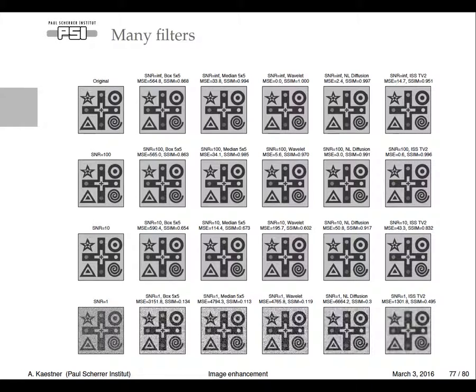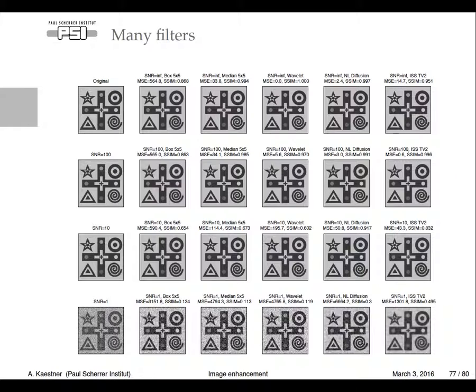That brings me to the end. I have shown you a very large amount of different filters to produce different filtering effects. Here I give you a little bit of an overview of all these filters and how they perform at different signal to noise ratio. I even give you some metrics. Here you can see the mean squared error and the structure similarity index metric.